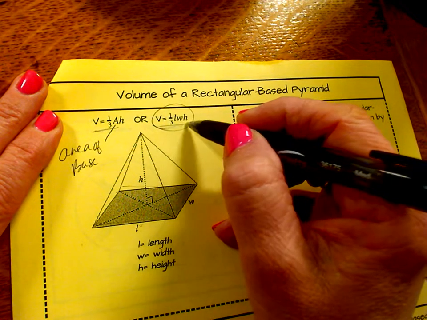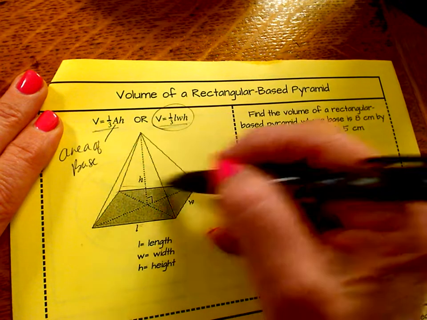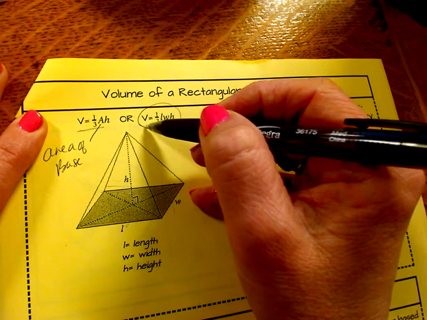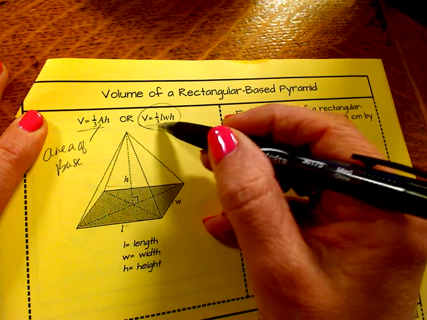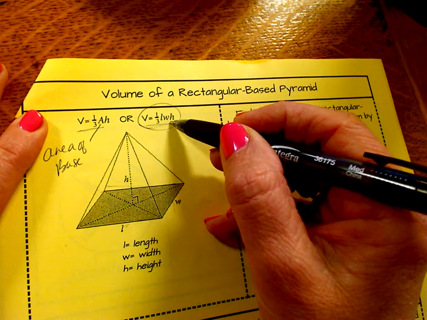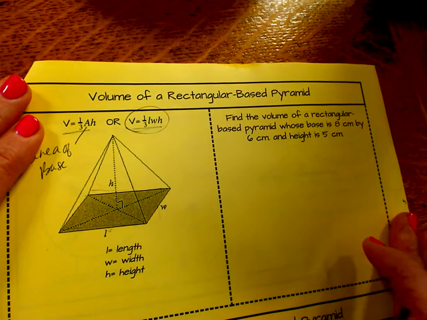That capital letter means it's the area of whatever base you're talking about. So our pyramid is volume equals 1/3 length times width times height. So this should look familiar, like finding the rectangular prism, the inside of a box. But then 1/3 of that is what your pyramid's going to fill.